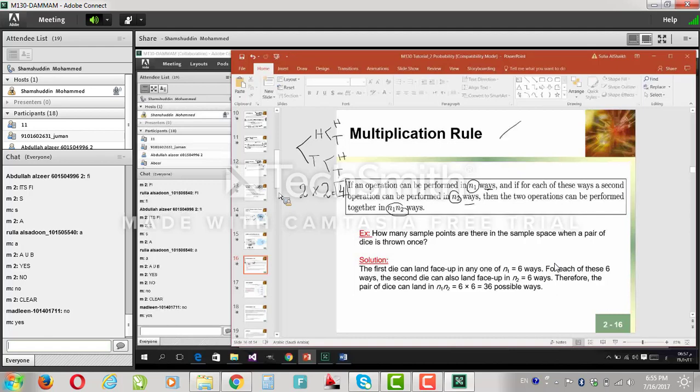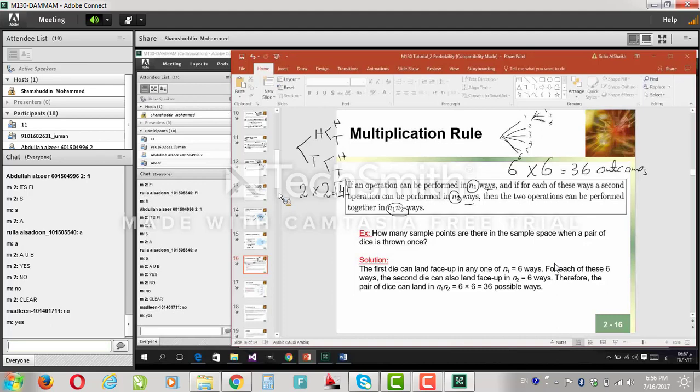Multiply the 2 together. Remember when we tossed the die: we have 1, 2, 3, 4, 5, and 6, and again 6 outcomes from each one of those. So this is what we call the multiplication rule.